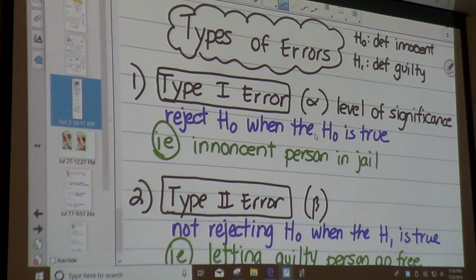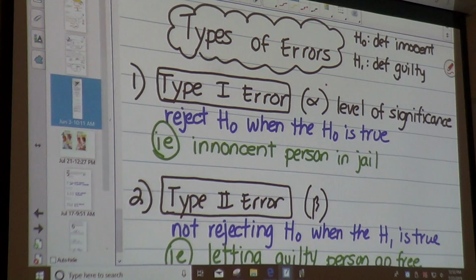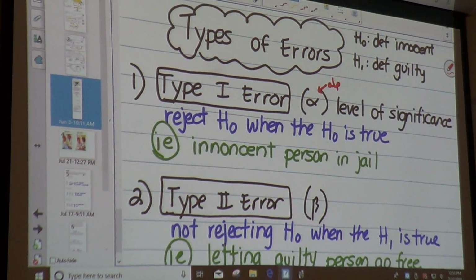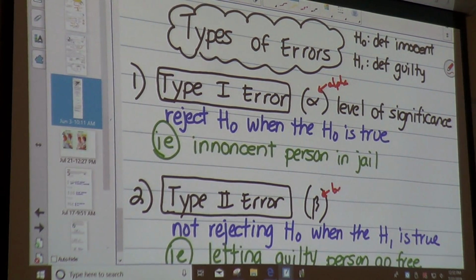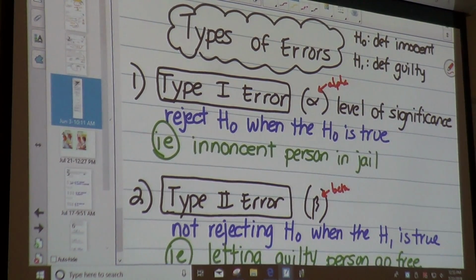Our Jesus symbol is alpha, and this one is beta. Type 1 error is called alpha, the level of significance. You reject the H naught when the H naught is true. For example, an innocent person is in jail. That's an error. We do not want innocent people in jail.